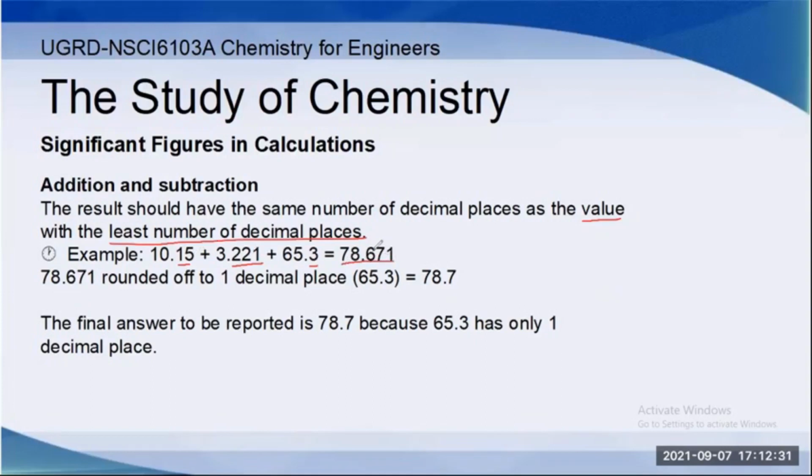But since we have to follow this rule, it should be 1 decimal place, so we round it off to 78.7. The final answer to be reported is 78.7 because 65.3 has only 1 decimal place.